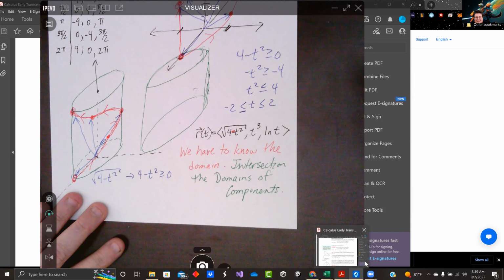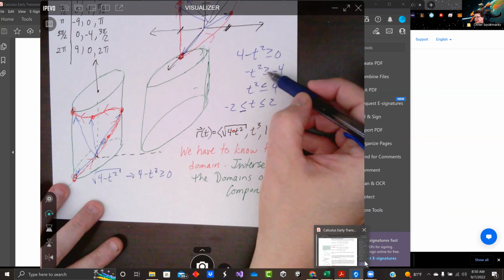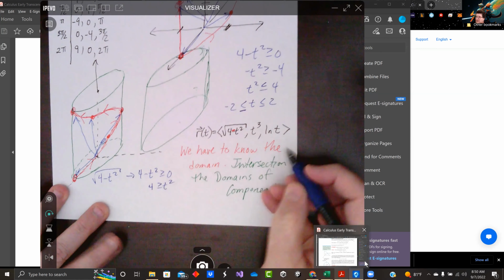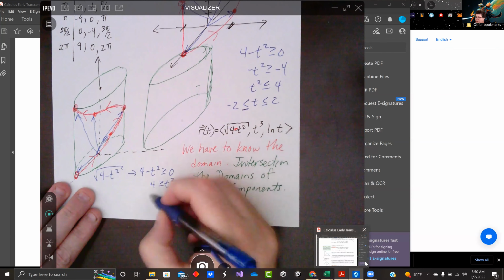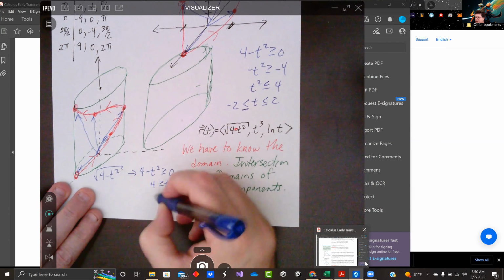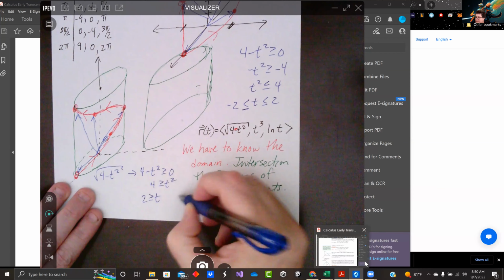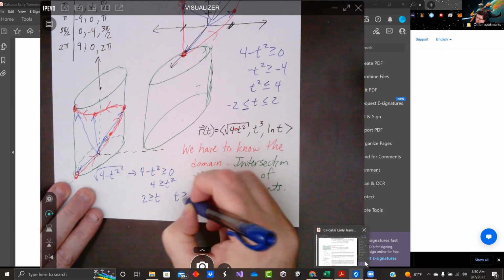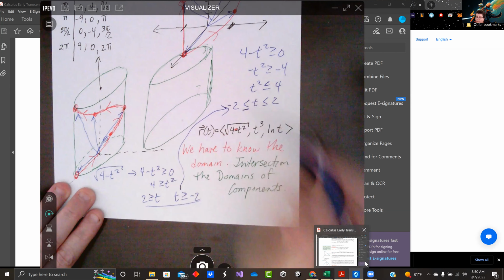I missed that, didn't I? So that's one way. It's easy to forget to flip the sign, though. I think the easier way is to add the t squared over. And when you do the square root, it breaks it into 2. It's t is less than or equal to 2, and t is greater than or equal to -2. But when we combine them, it makes that sandwich.